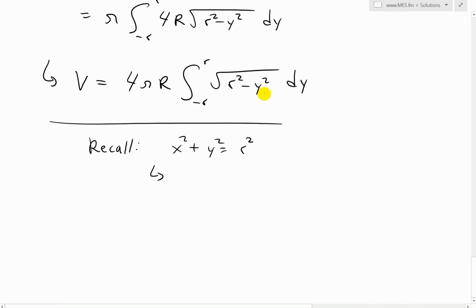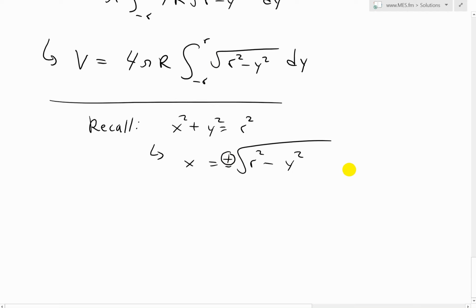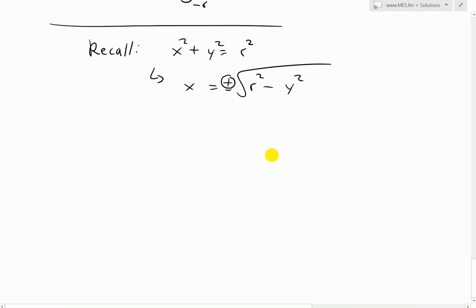If we solve for x, we have x equals the square root of r squared minus y squared, plus or minus, but in this case we're just dealing with the positive. So if we only look at the positive side, what we end up having is a half circle.